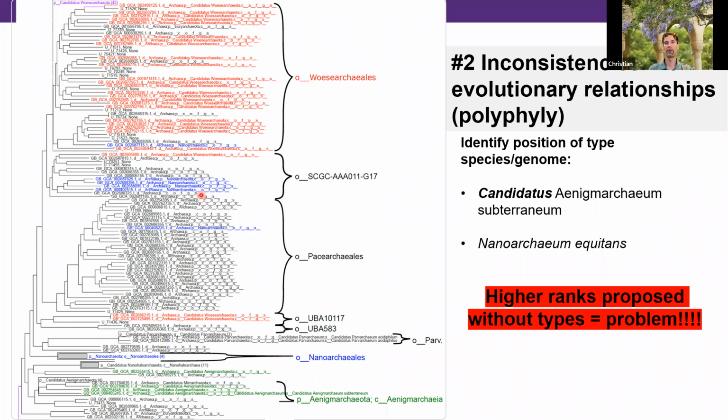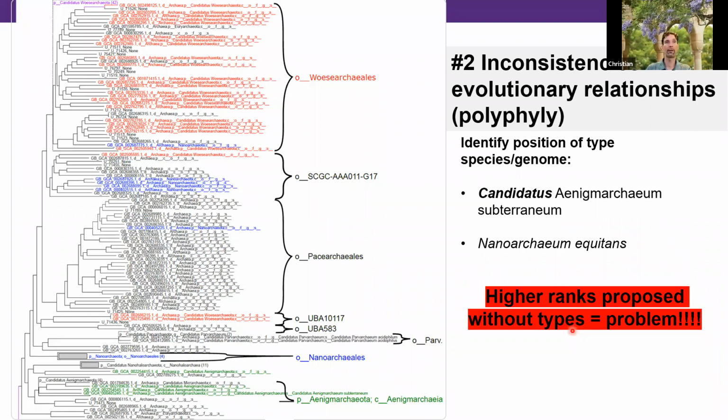Others like those ones, there's no type material in that group. So then we actually go and assign a placeholder name. Another issue I should highlight: there are still a few cases where people propose higher taxonomic ranks, let's say a phylum, and do not define type material.